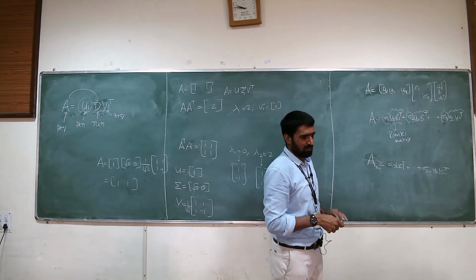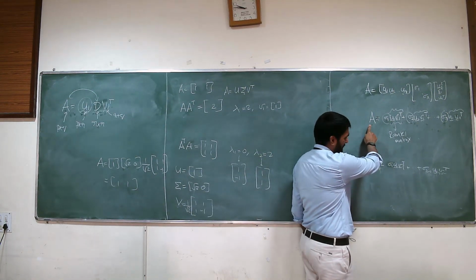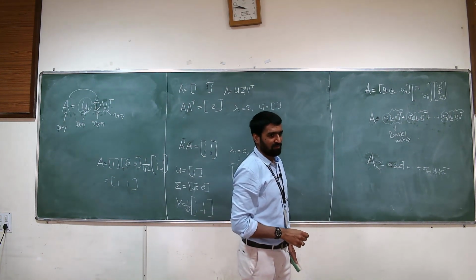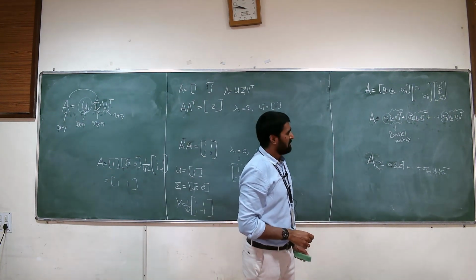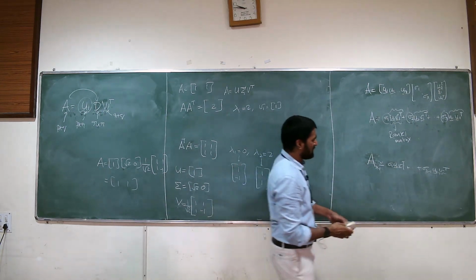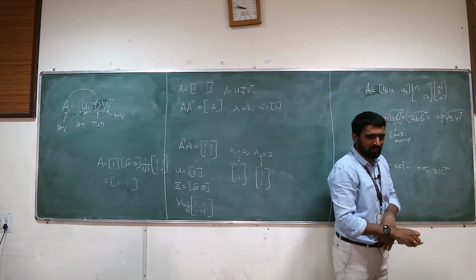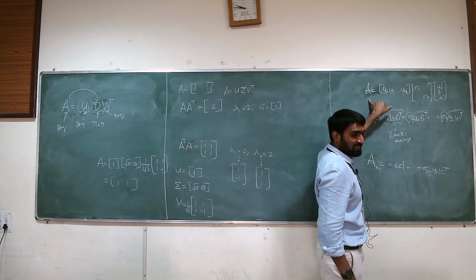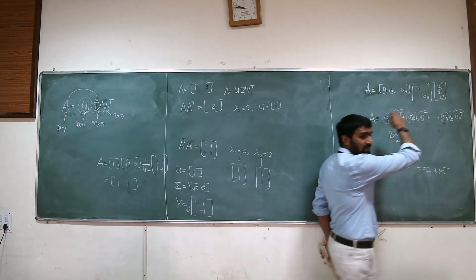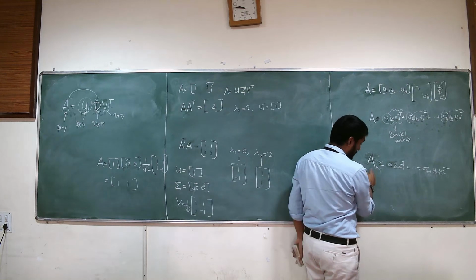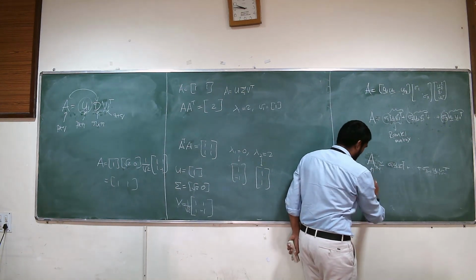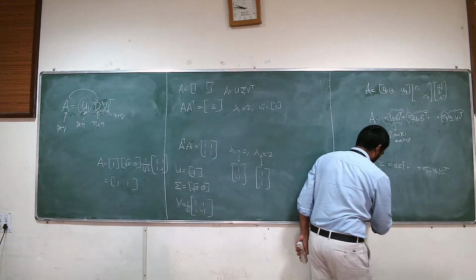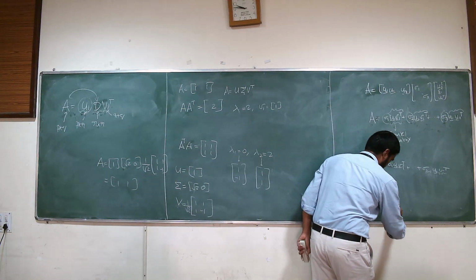Well, the rank of A was R. I'm asking you, what is the rank of this? One way to figure it out is to assume sigma R was 0. If sigma R was 0, what would be the rank of that matrix? If I simply made this 0, yes, the rank would be R minus 1. So what you're seeing here is a rank R minus 1 approximation of the matrix A.